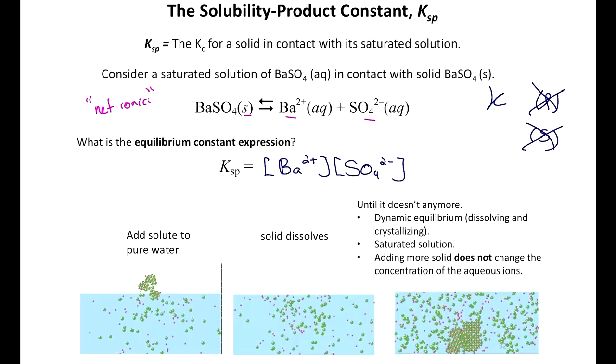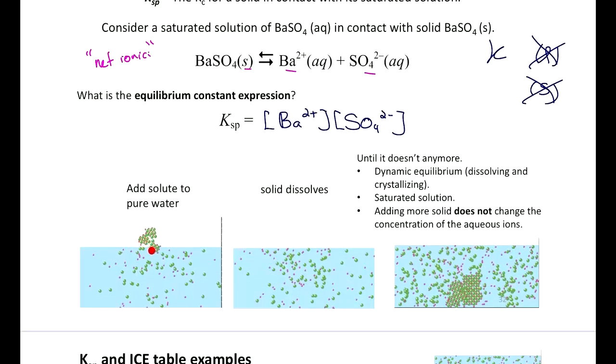KSP also helps us think about the extent to which solids dissolve in water, the idea that there's a maximum amount of solid you can get to dissolve in water, and that has to do with KSP. Think about adding salt to water.